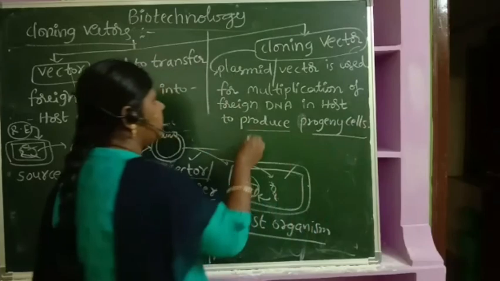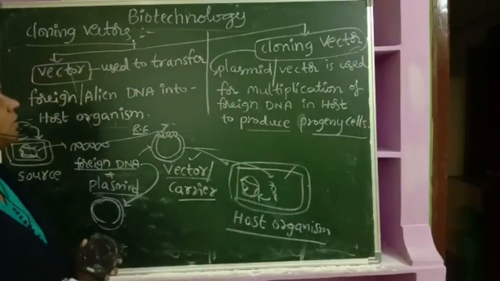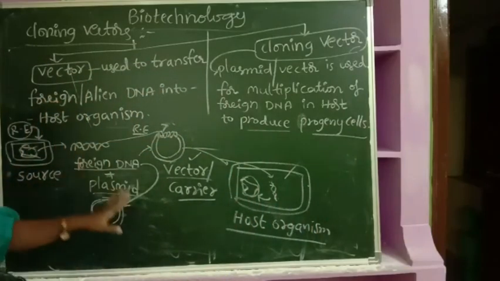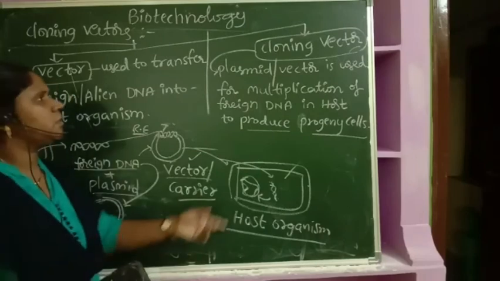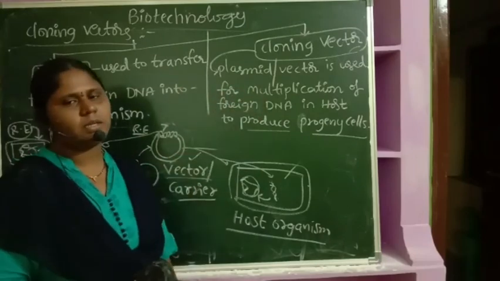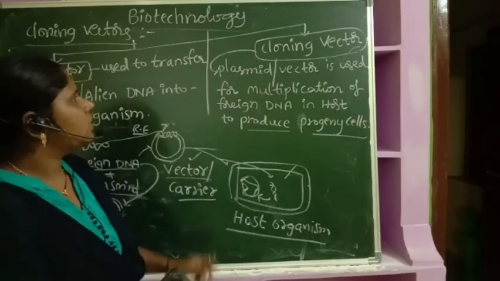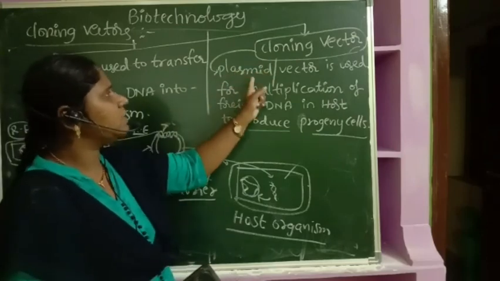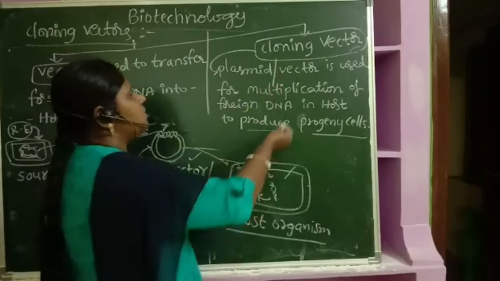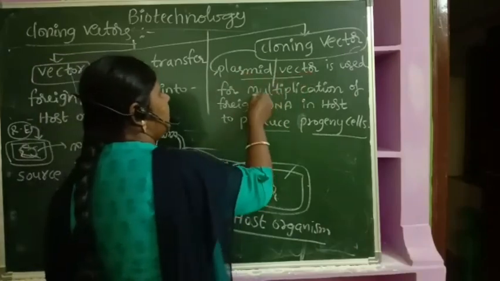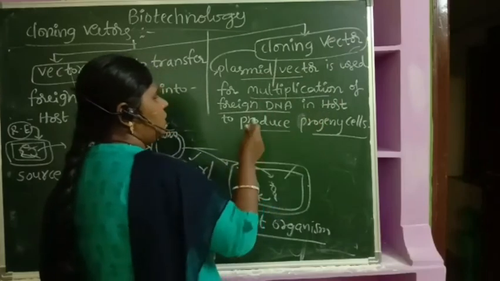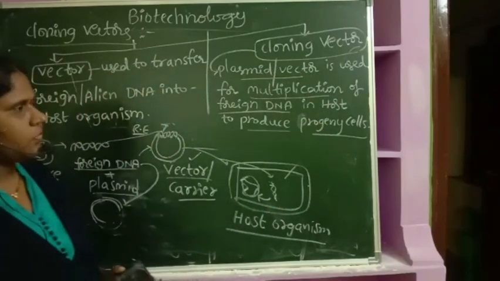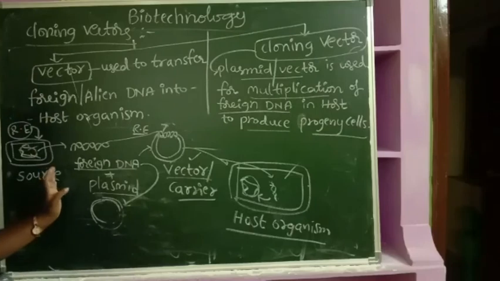Now you got the clarity. It's called a vector, and when we use the term cloning vector in genetic engineering, it means the plasmid or vector used for multiplication of foreign DNA in the host to produce progeny cells. Now I think you got the meaning of vector, right?